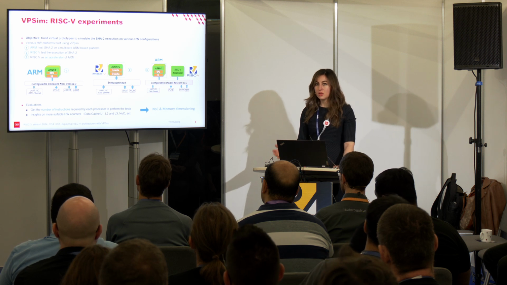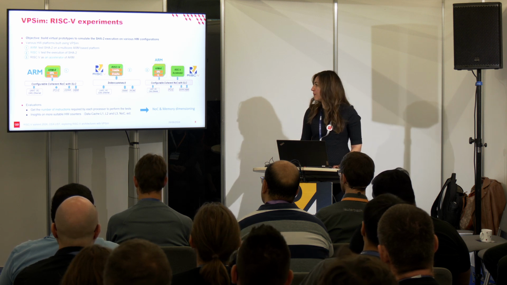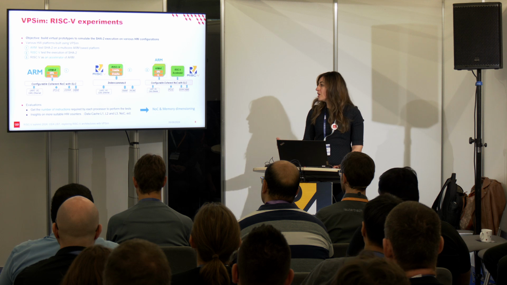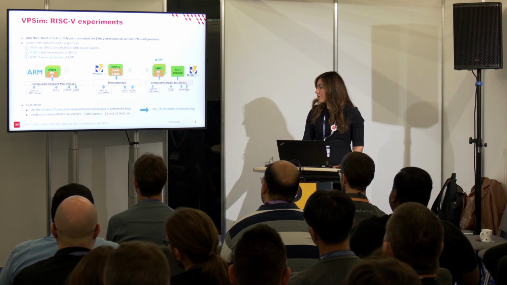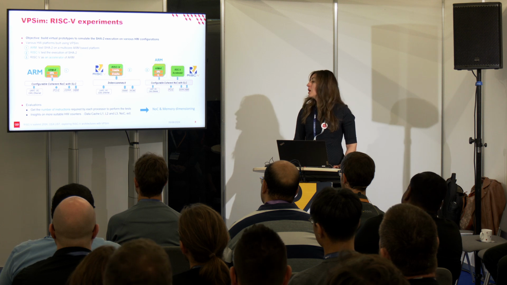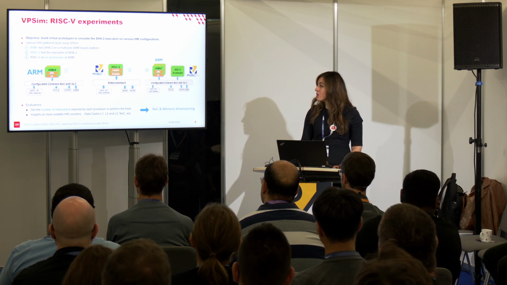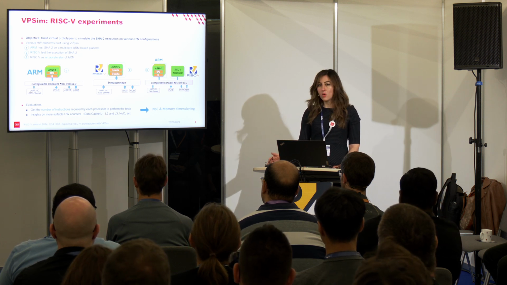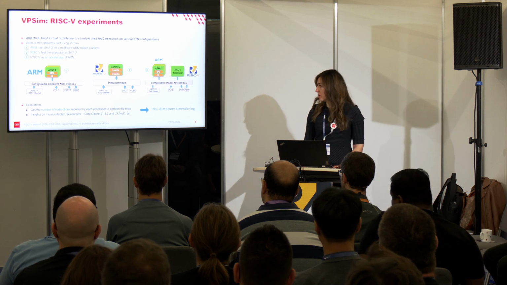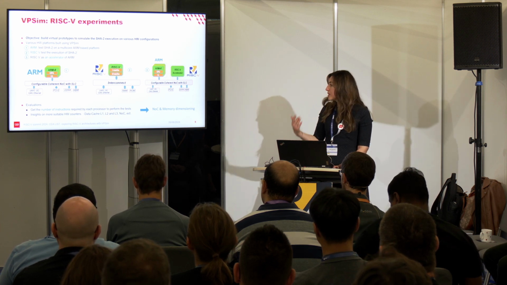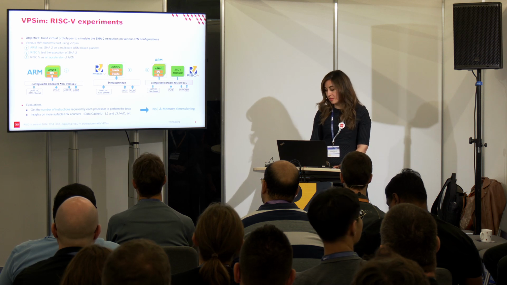And the third one is a RISC V as an accelerator of the ARM. We get various feedback, for example, the number of instructions required by each processor to perform the application, and insights on hardware counters like data cache L1, L2, and even L3, network on chip, and so on. Thus, we help designers to dimension the system correctly.